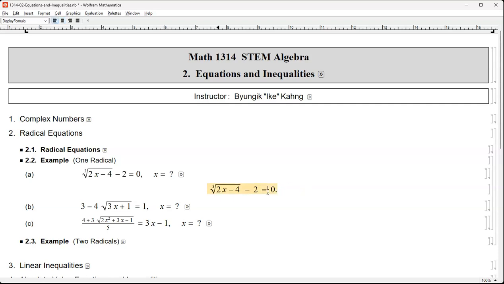So we have, copy and paste this thing. Okay, flip this 2 to the other side. There you go. And then take the cube of both sides.